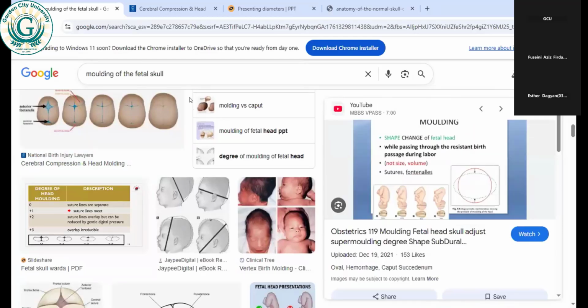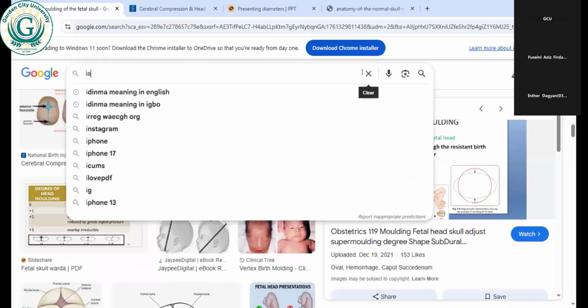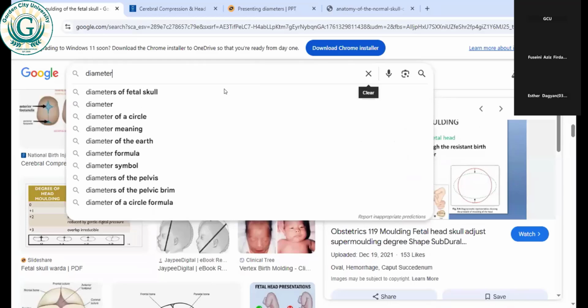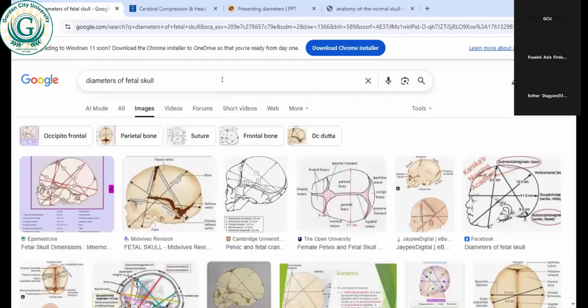And we said the bregma is the suture that is formed from the frontal suture, the coronal suture, and the sagittal suture, and it has a kite shape or a diamond shape. So you are saying that the face presentation extends from the submentobregmatic, which is 9.5, and the bitemporal, that's the transverse diameter, which is 8.2.